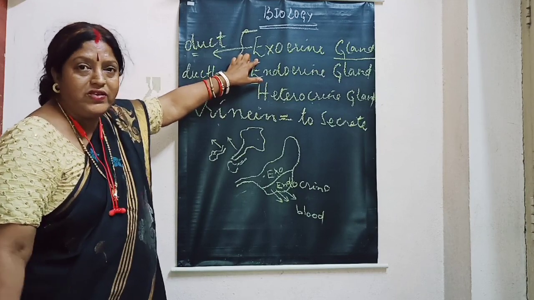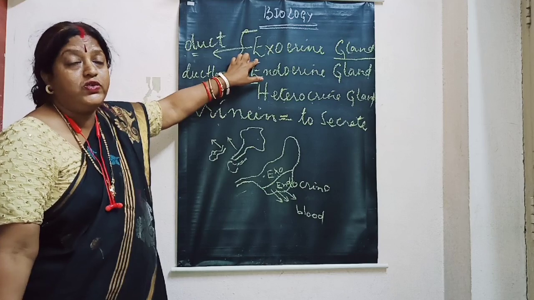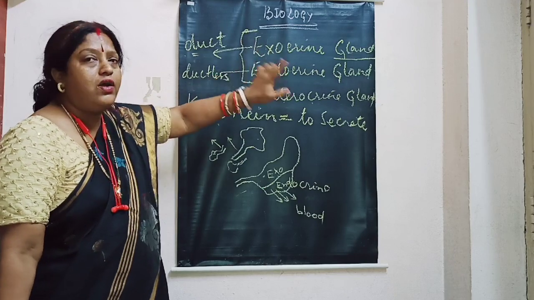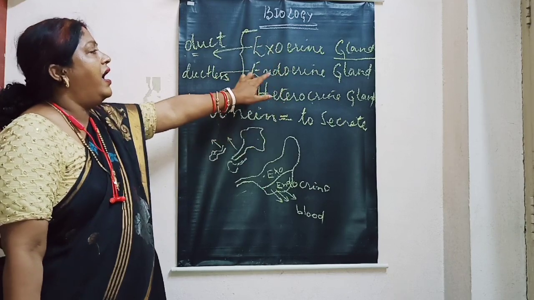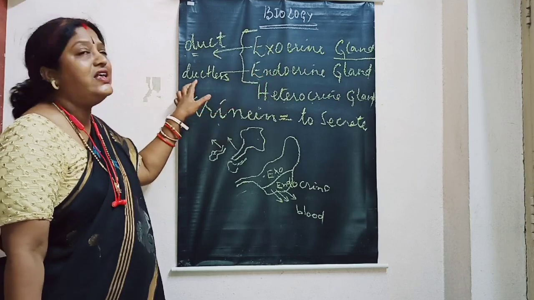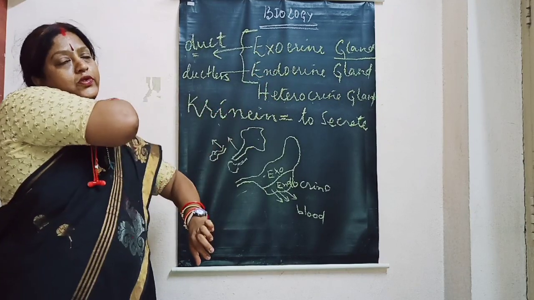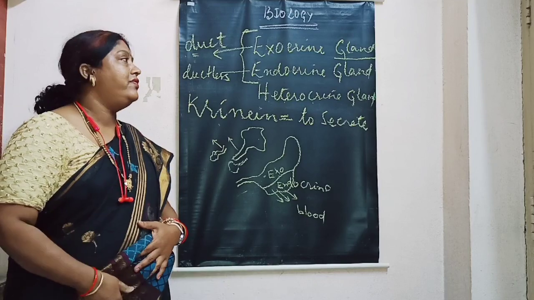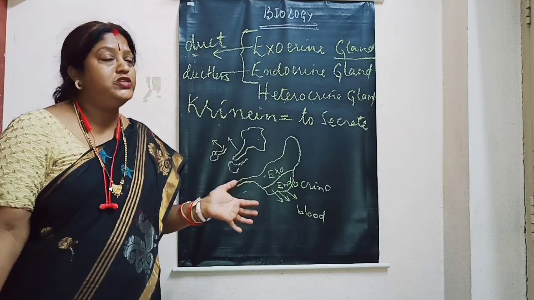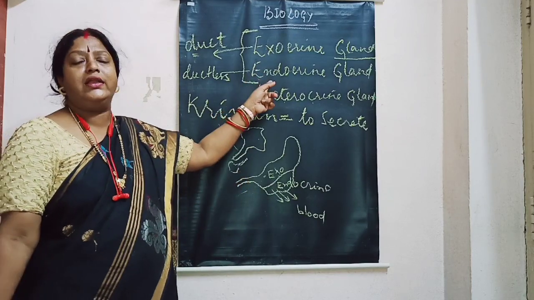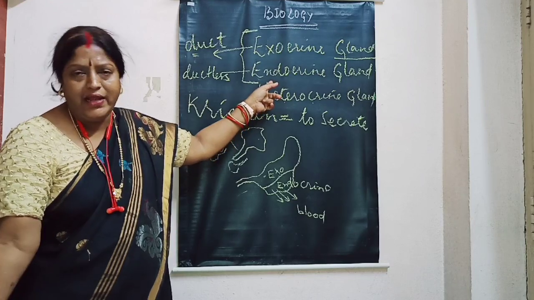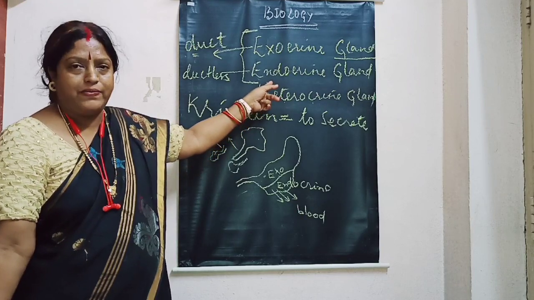All these days we learned about several digestive glands, and those are all exocrine glands. Endocrine glands, also called ductless glands, produce hormones, and we have a very elaborate chapter about endocrine glands in the coming lessons.